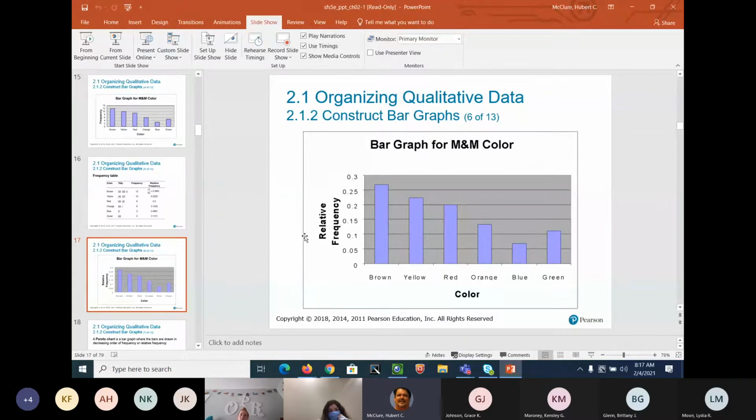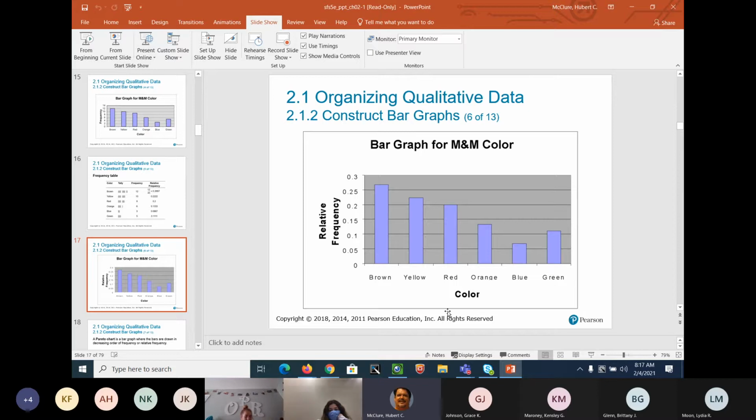All right, now this is of the relative frequency. Now, not many times are you going to be tested on the relative frequency bar chart. About the only thing they would ask you is what percent of the M&M package is red? And you would say, okay, 20%.